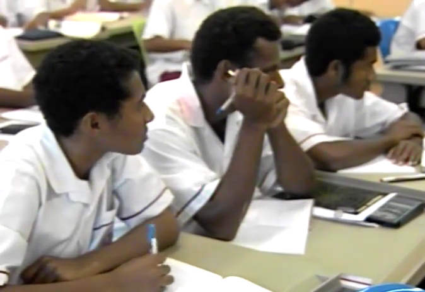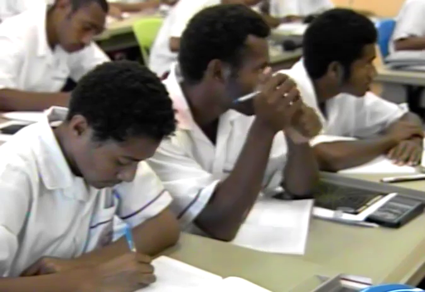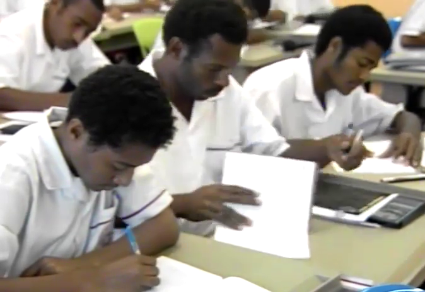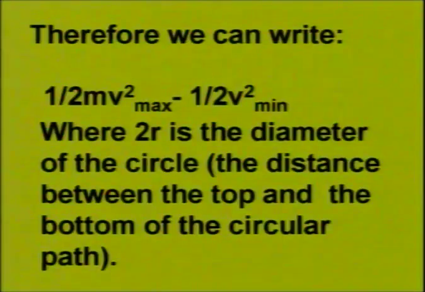All right, here is the information on how we can calculate the velocity at two different points. If you are calculating the height, or the potential energy, then you were given the equation mgh.